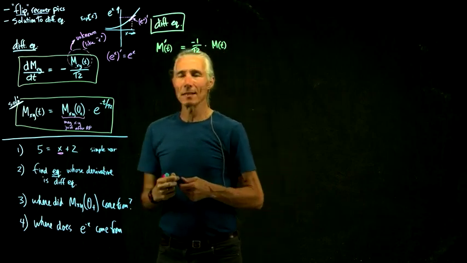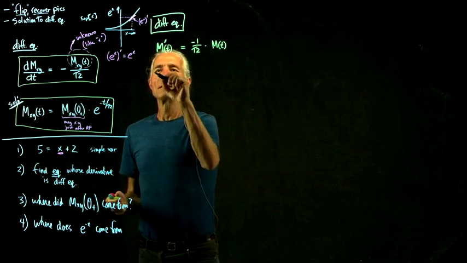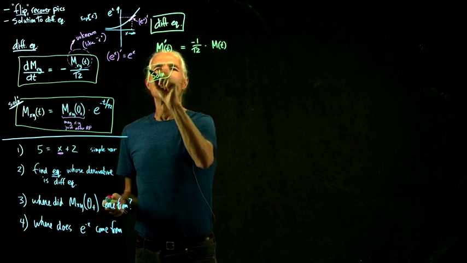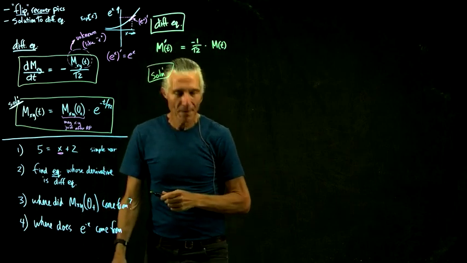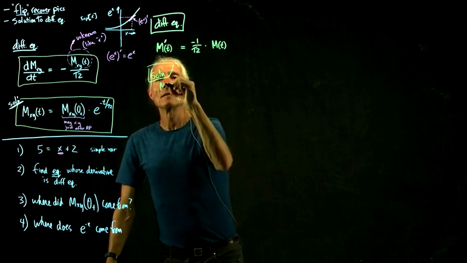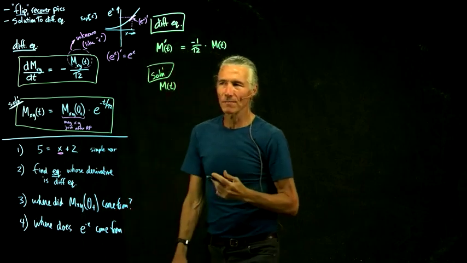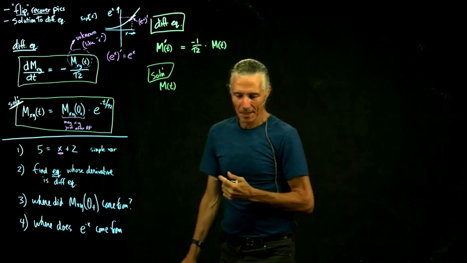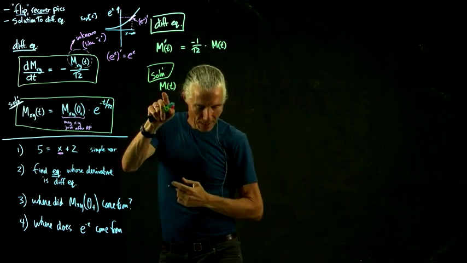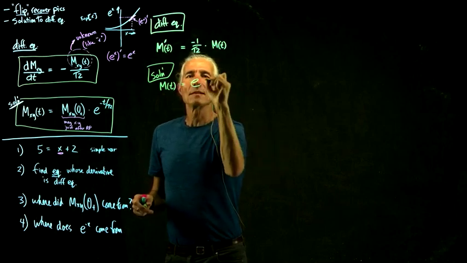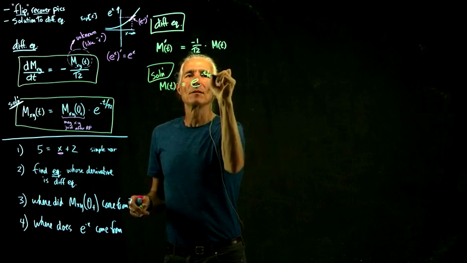So then we said the solution is, here's the function at a point in time, so we're going to just define what that function is, not the derivative of it, is equal to e to the minus t over t2.